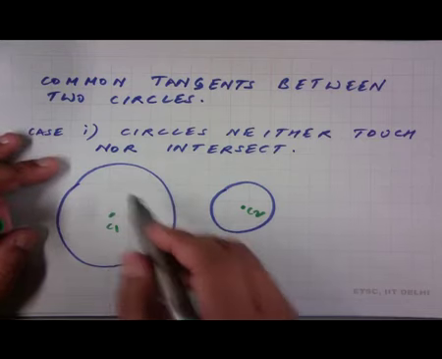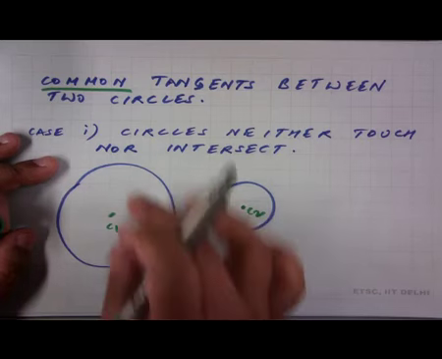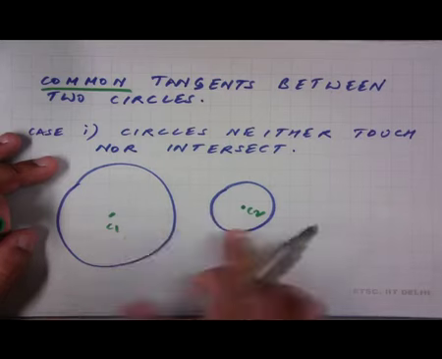What we mean by a common tangent is that the same straight line is a tangent to both the circles.